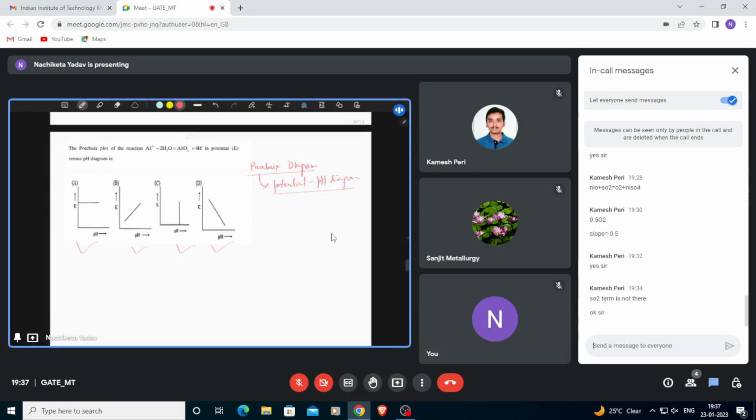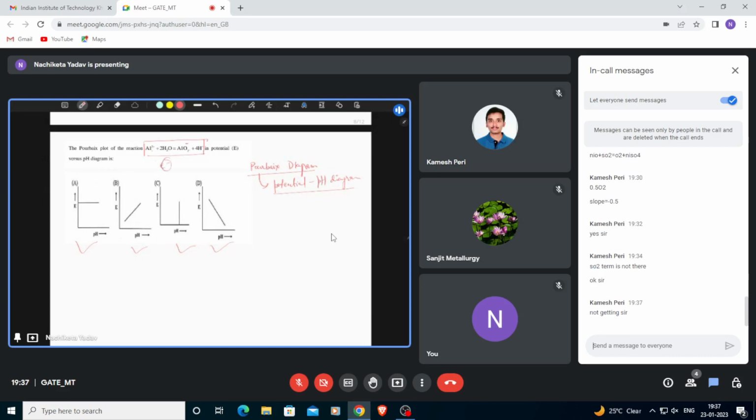See, from this equation you can tell this is AlO2 minus directly. Here, if you observe, there is no electron.